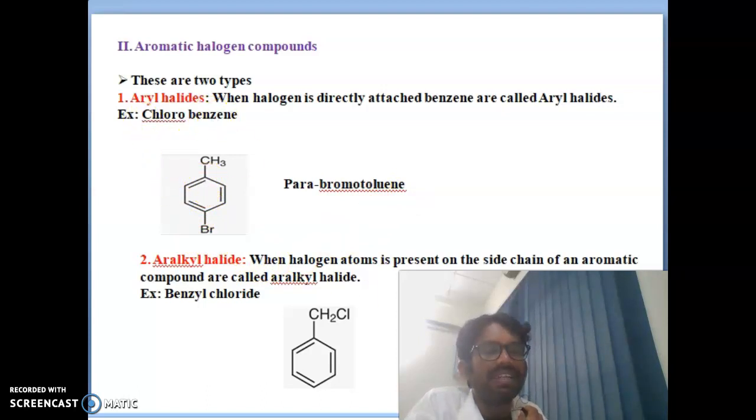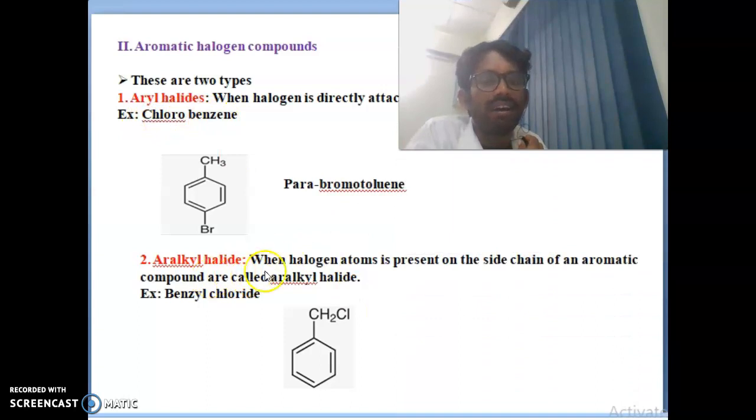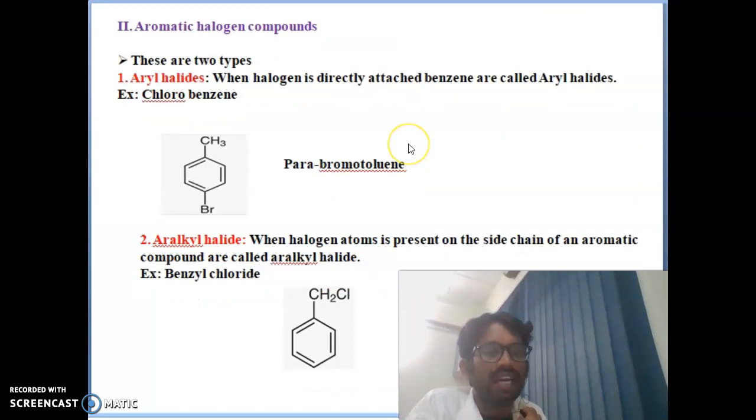The second one is the aralkyl halide. When the halogen atom is present in the side chain of the aromatic compound, that is called an aralkyl halide. Benzyl chloride, C6H5CH2Cl: Cl is the halogen attached to the CH2 group, the side chain. So these are the halogen compound topics.